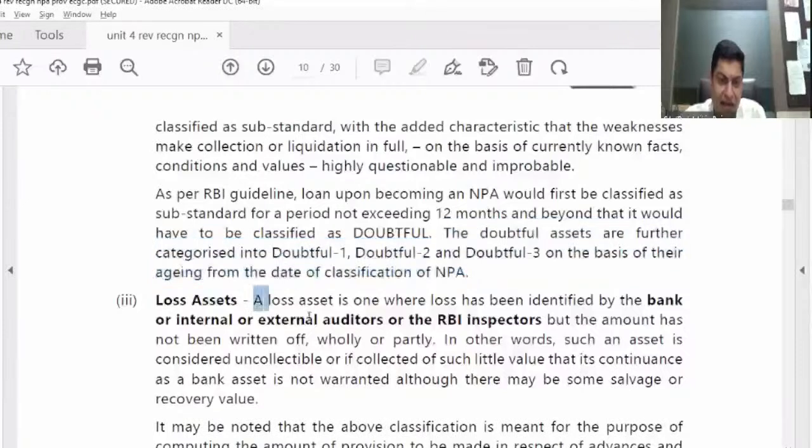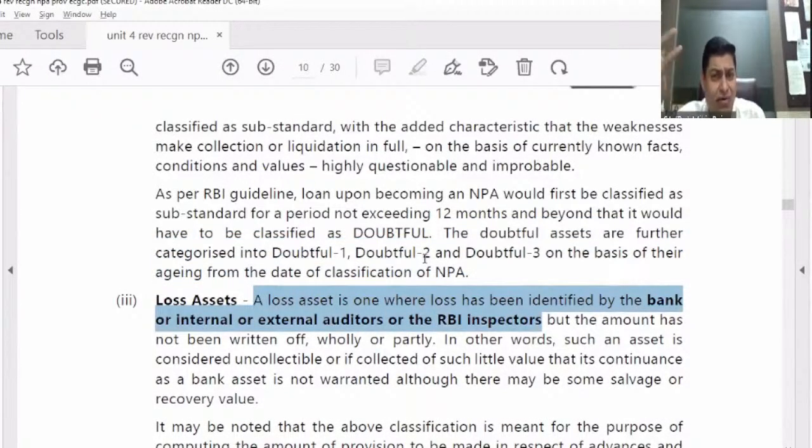By name itself you can understand, sir, it is an asset which is a loss. So it means either the bank itself identifies this borrower as a loss, meaning we are not going to get anything, or the auditor or RBI inspector, anyone has classified this borrower as a loss. It means there is no hope to get anything from this borrower.